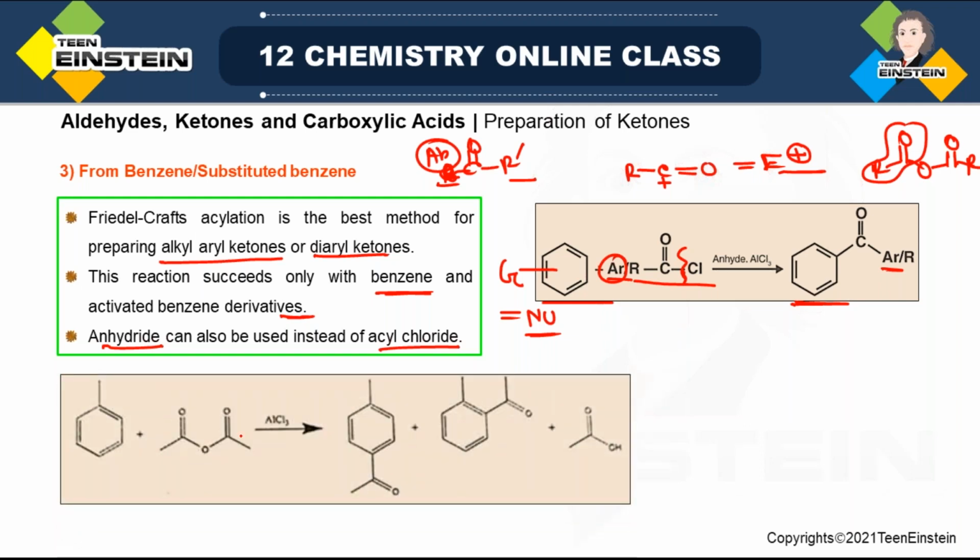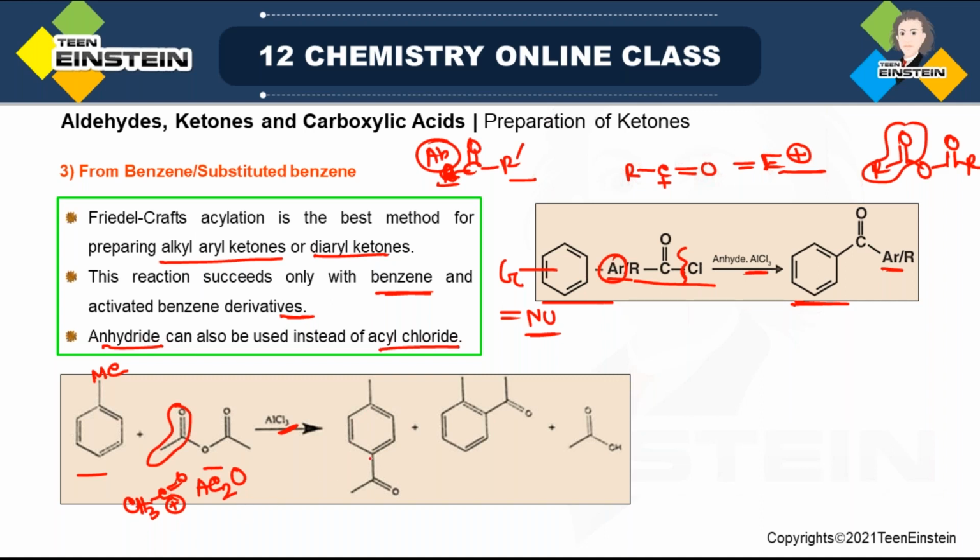So in the second example, here we have taken methylbenzene. Now methyl will have some donating effect, and this is acetic anhydride, in short Ac2O. A Lewis acid must be present, anhydrous AlCl3. In this case, with respect to methyl, the electrophile is CH3C=O+.